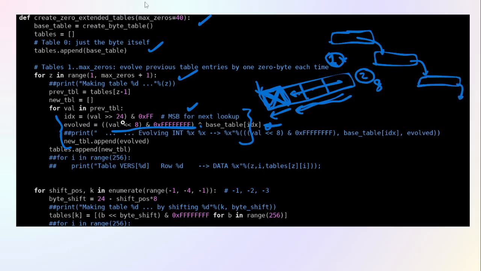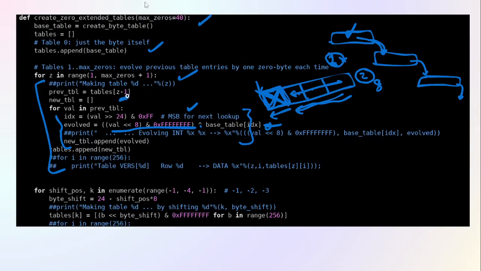So in fact, this is a very nice way of doing it, because instead of computing it again, this is kind of like a dynamic programming way of doing this. It's a very elegant algorithm because we're taking the base table, which is just the byte itself. We evolve by 1 zero and we get this table. Now we use this table, because it uses z minus 1.